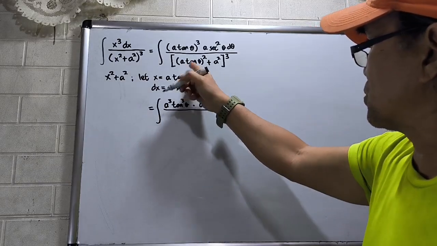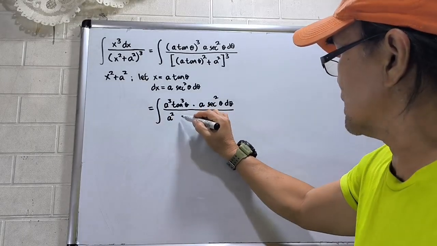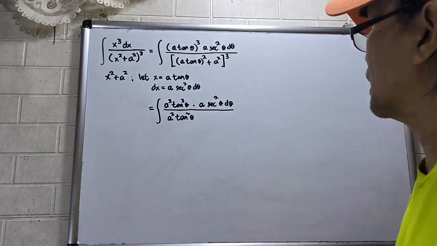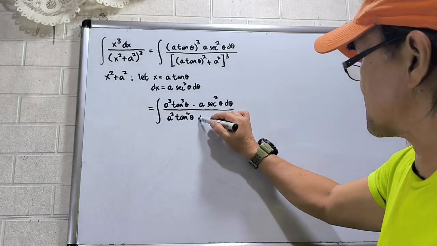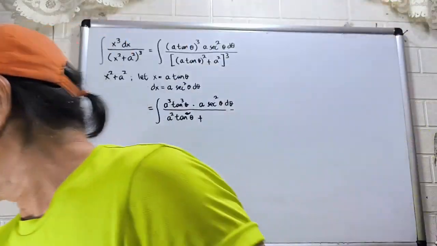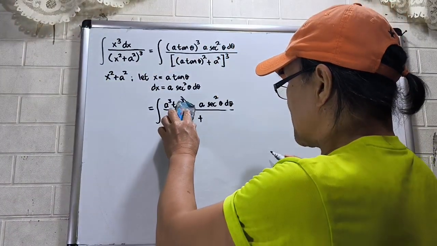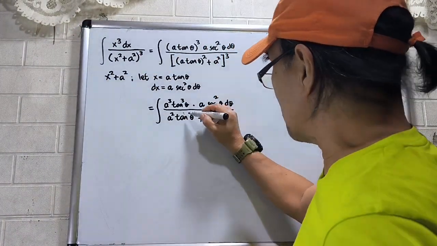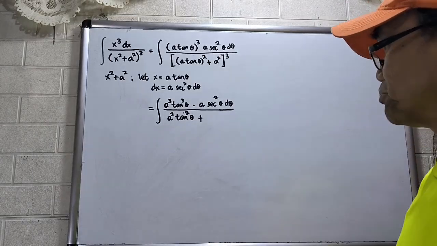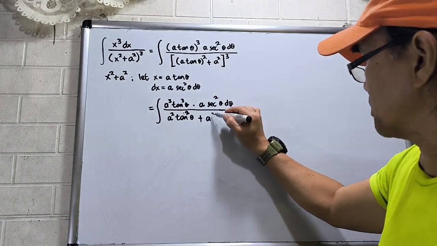Okay, so this will be a squared, then tangent squared theta, then plus a squared, so I will write it properly, this is squared.